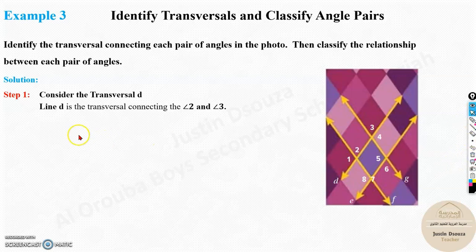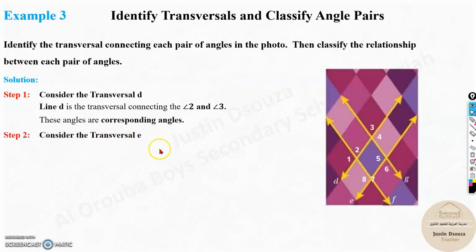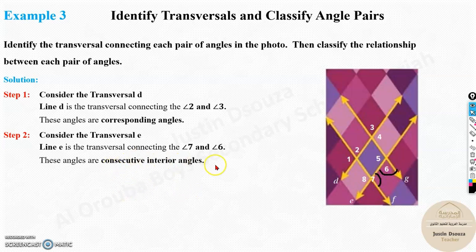Okay, so now let's take another example, another line, that is transversal E. And over here they have considered 7 and 6. You can consider any, but over here you can see 7 and 6 is known. So these are consecutive and interior. Consecutive interior angle. So next would be transversal F, and you can see which are known.